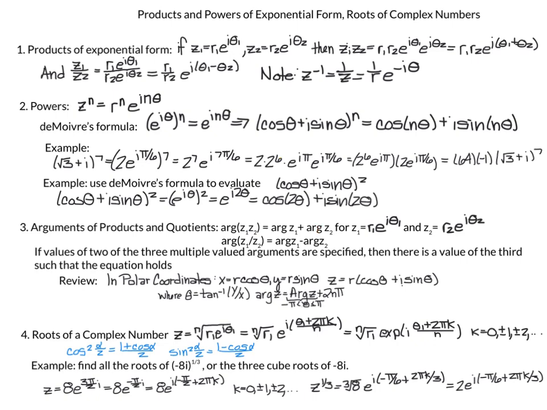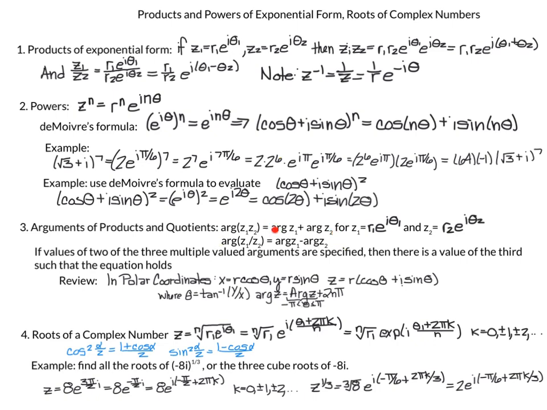The only problem is sometimes your angles might differ by 2 pi. So what this rule is saying is that if the values of 2 of these 3 arguments are known, then there's a value of the third such that the equation holds. And we'll do an example of that.